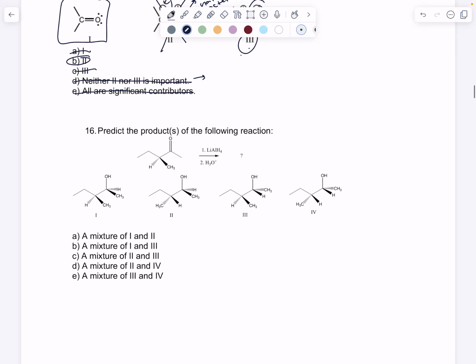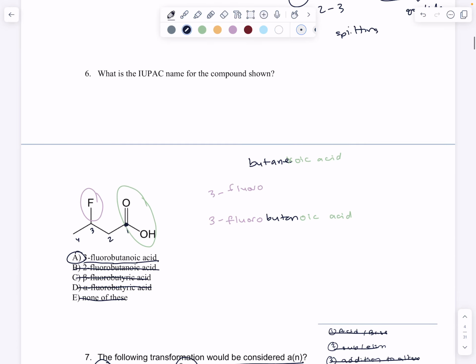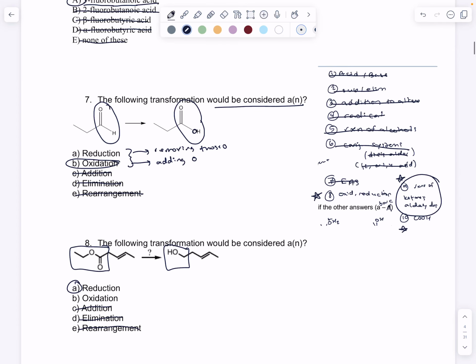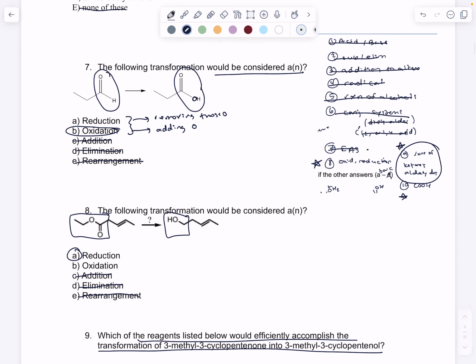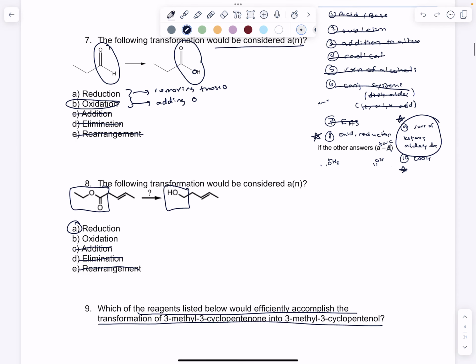Okay, now we're back to an oxidation reduction question. And again, I know it's oxidation reduction because I see this LAH. So if I'm looking back at my list of all the reactions that we've gone over, I know that it's not acid-base because LAH is not going to be giving a proton or stealing one unless there's an acid present, which there's not.